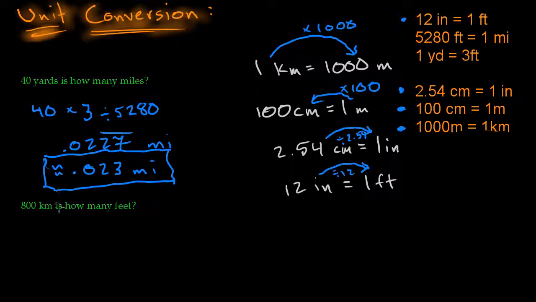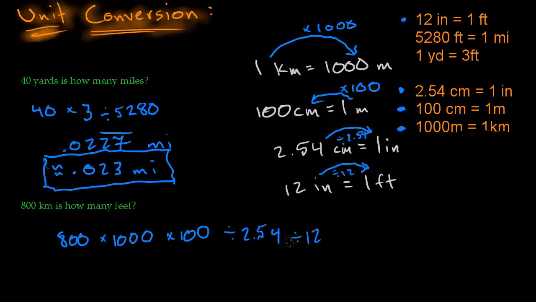So my process to turn 800 kilometers into feet is to start with the 800 kilometers, multiply it by 1,000 to give me the number of meters, then times 100 to get the number of centimeters, then dividing by 2.54 from right here to turn the centimeters into inches, and then dividing by 12 to convert the number of inches into feet.